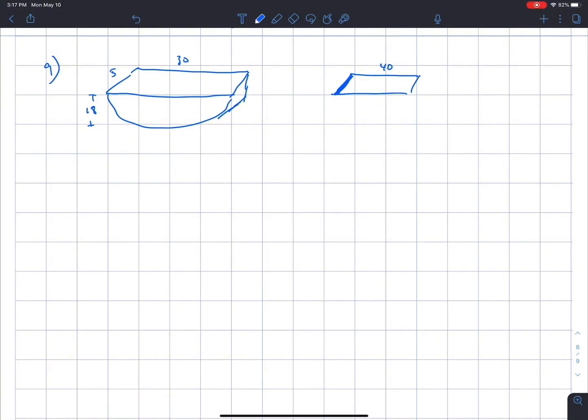Oh, I guess I could. Yeah, I'll convert it. So 40 centimeters is just 0.4 meters. We are trying to find the width and the height. So I can say W over 5 equals 0.4 over 30. I cross multiply, I get 30W equals 0.4 times 5. So W equals 2 over 30.